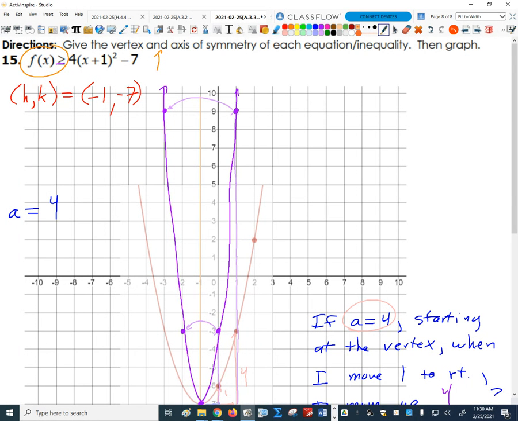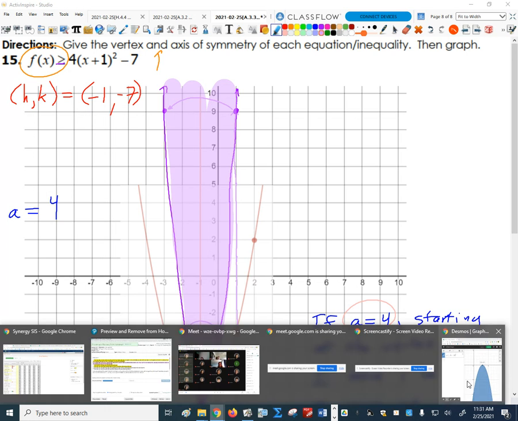And so my final picture should look like this. I'm shading everything above that boundary. Okay, good? Makes sense?